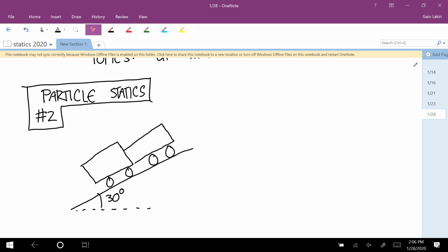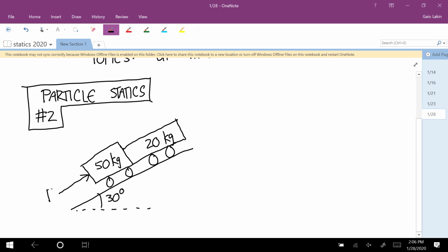Oh, that's a horrible rectangle. Okay, so this one is 50 kilograms. This one is 20 kilograms. There's an unknown force that's parallel to the incline. So that's F. And then there's a 100 Newton force coming down.